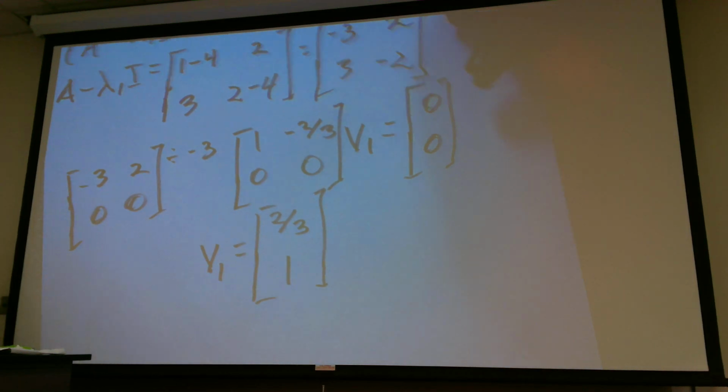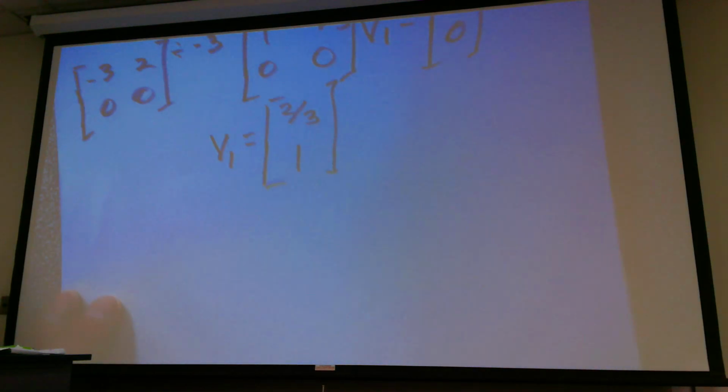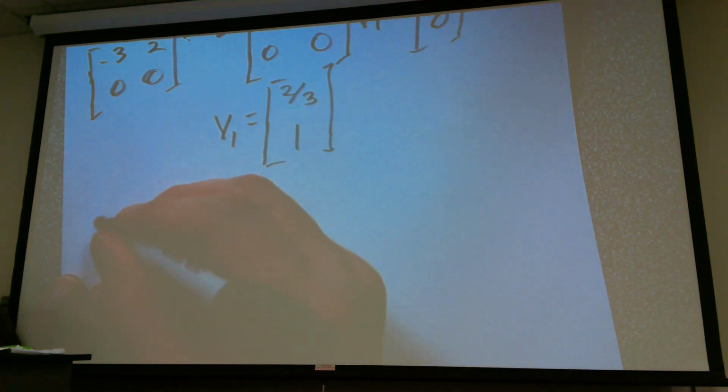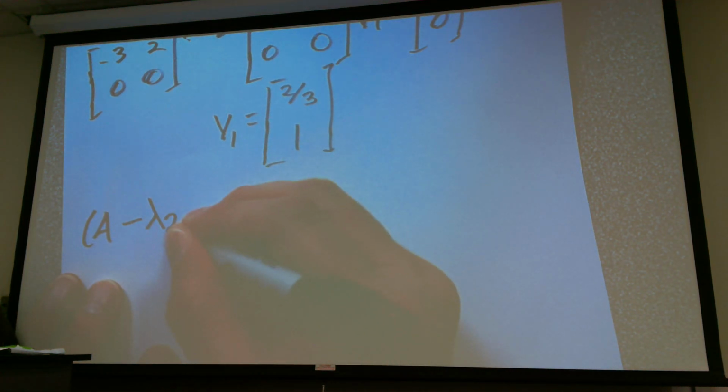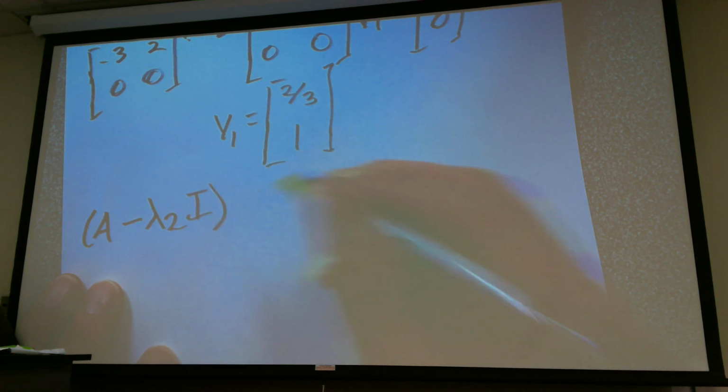Now let's find our second eigenvector. So A minus, let's say, lambda 2 I. What's that going to equal?